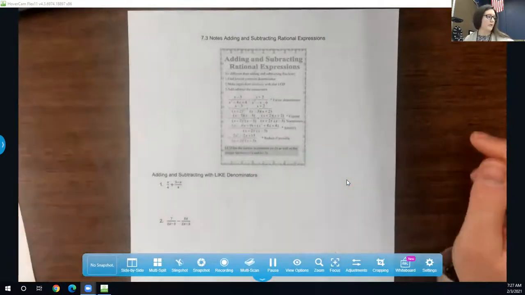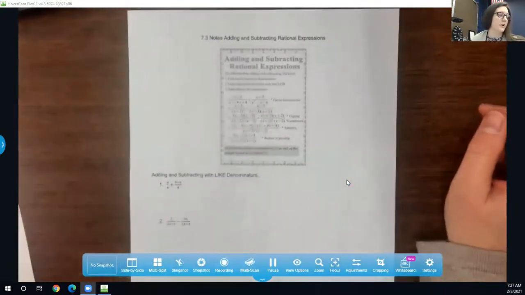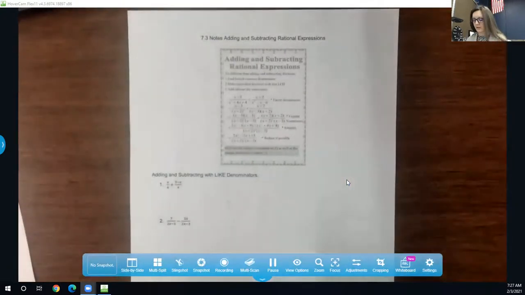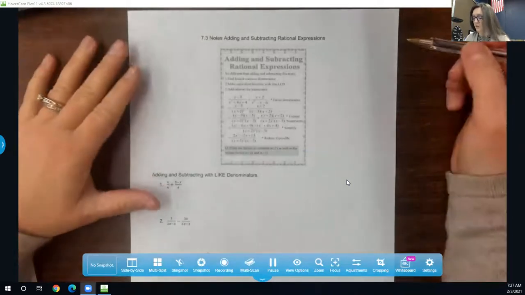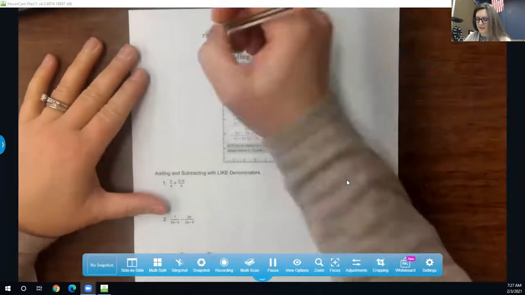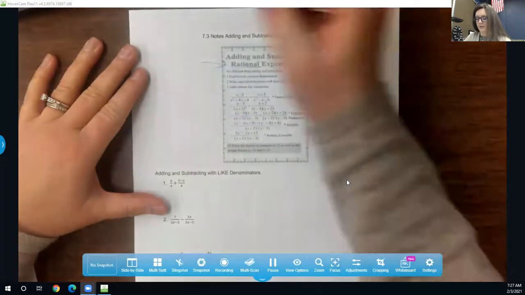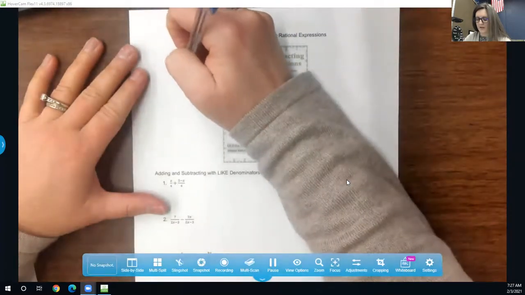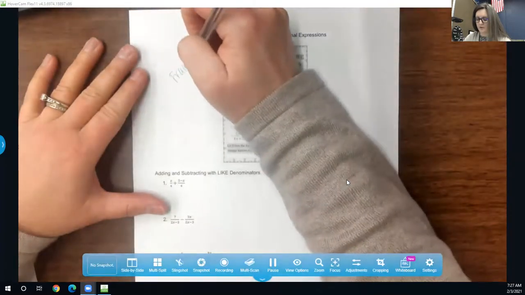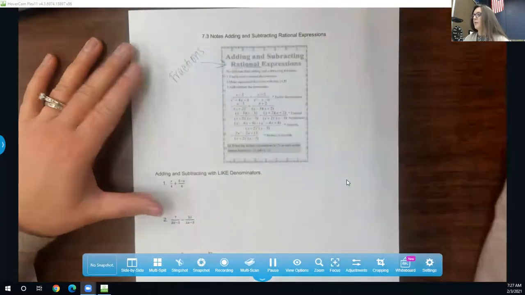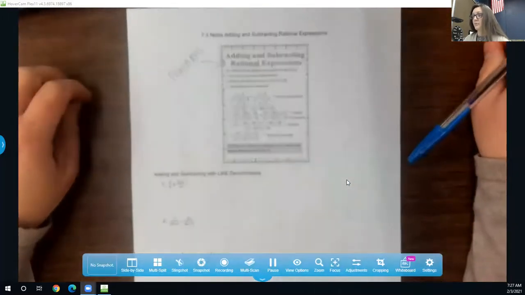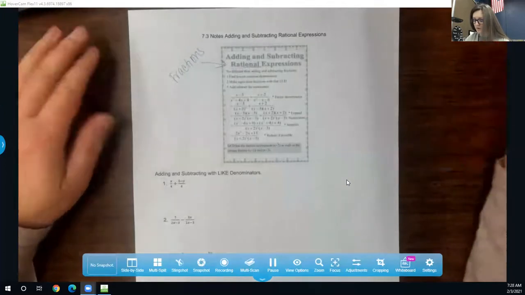First thing that we really need for adding and subtracting rational expressions. Remember, rational is the same thing as if I said fancy for fractions, right? So go back to adding and subtracting fractions way back in elementary school.